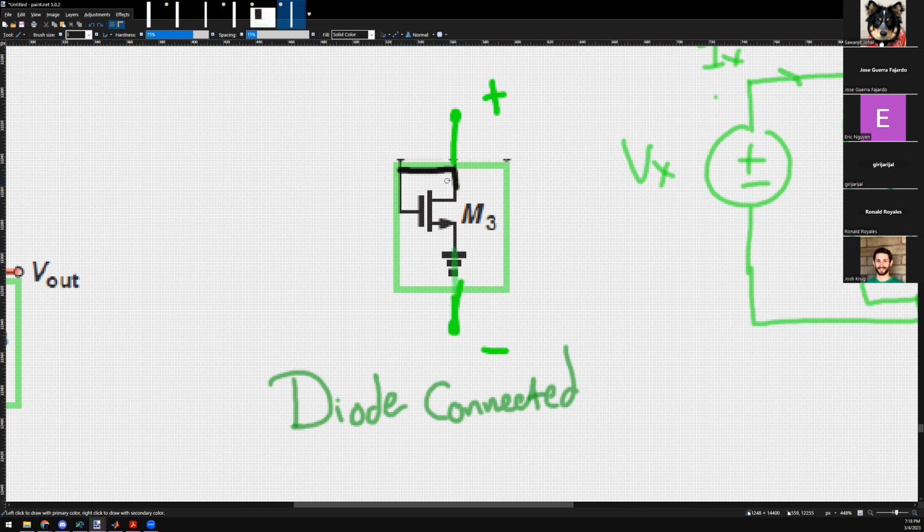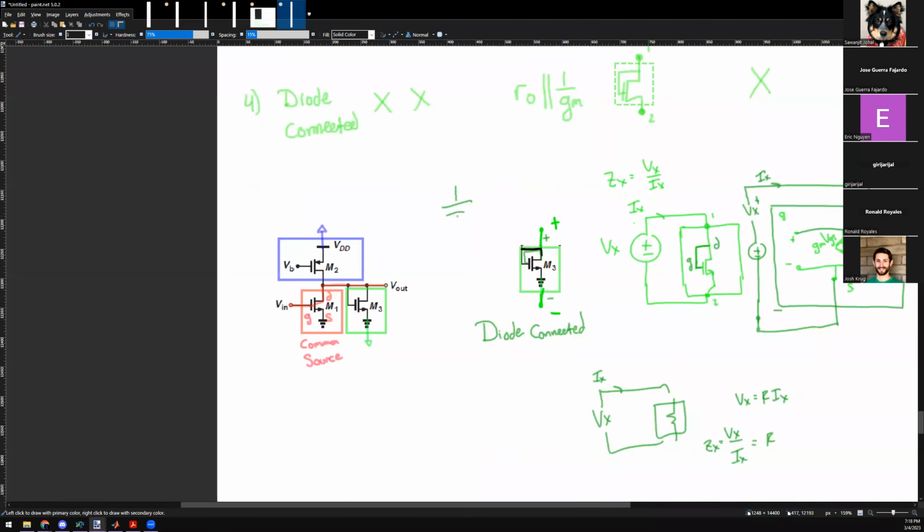I mean once I short these 2, how many terminals does this guy actually have? 2 terminals. Any 2-terminal device, a capacitor, a resistor, an inductor, we treat as a resistor or impedance. Every single one of these has an impedance.